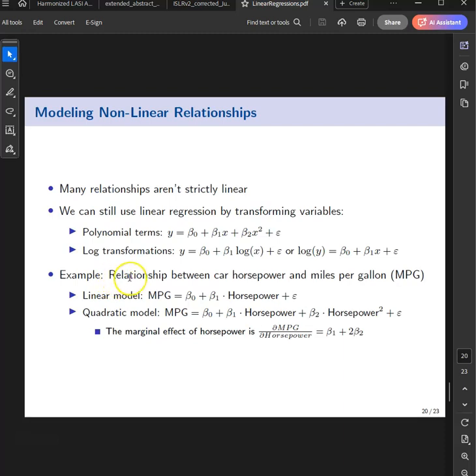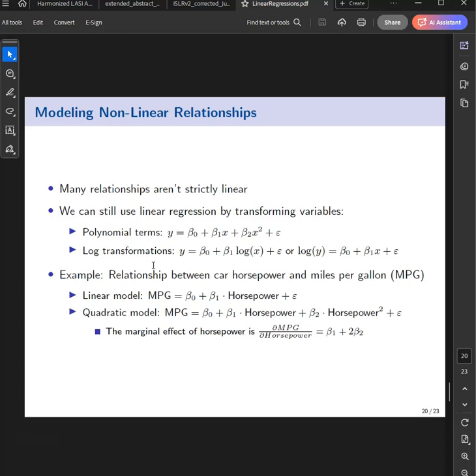Real world relationships are often not linear, but that doesn't mean that we cannot use a linear regression to model them. We just need to be a little more creative with our variables. One approach is to use polynomial terms. For example, instead of using y equals beta naught plus beta 1 x plus epsilon, we might use y equals beta naught plus beta 1 x plus beta 2 x squared plus epsilon.